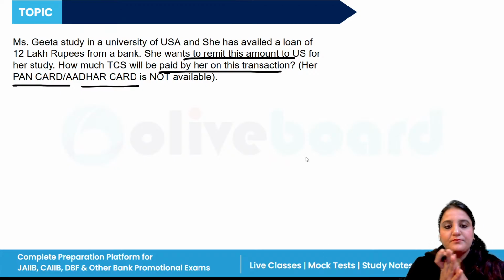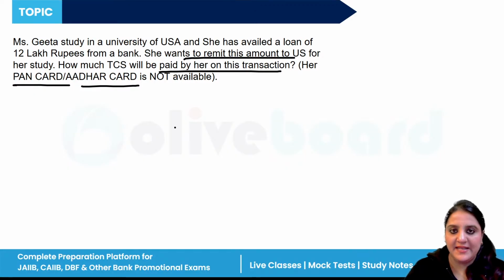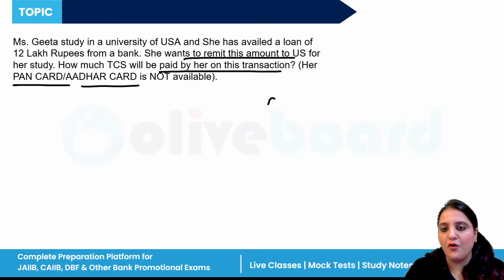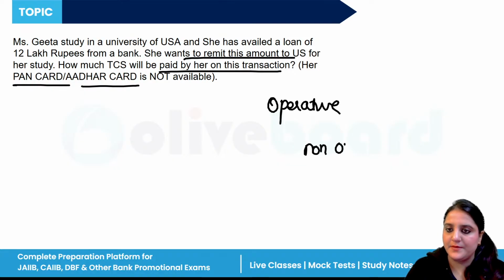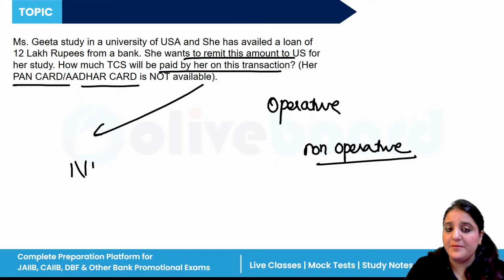See, LRS for the education purpose, if the amount being remitted is from an education loan obtained from a specified institution, whether the amount is 10 lakh or above 10 lakh, in the case of operative PAN or non-operative PAN, whether the PAN card and Aadhaar card are there or not, still there will be nil tax.